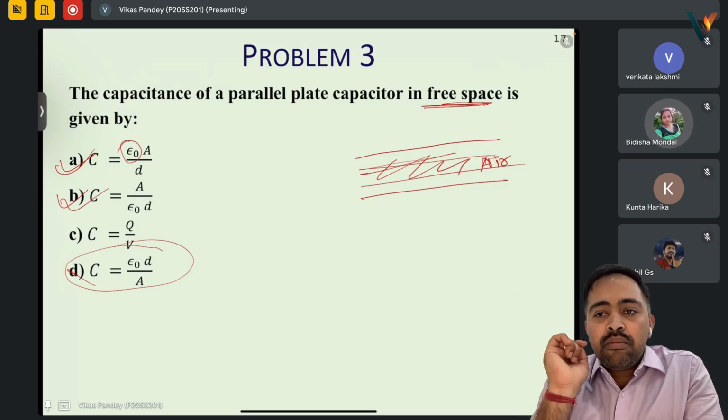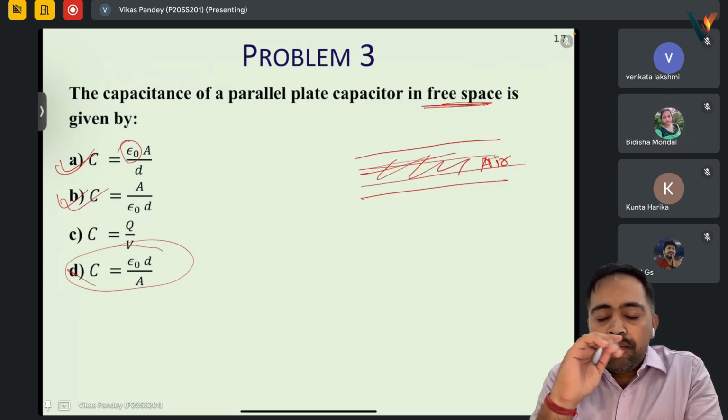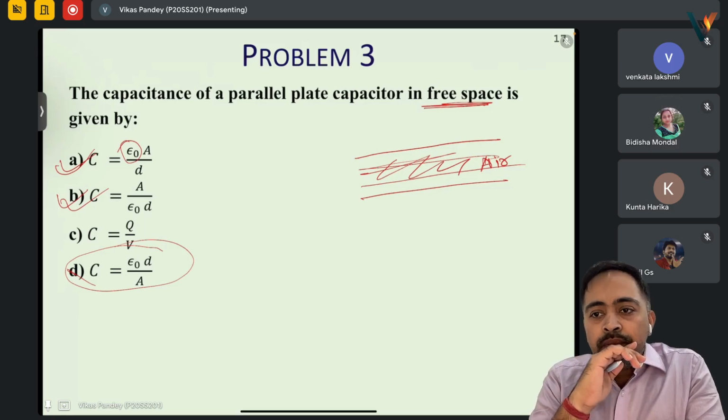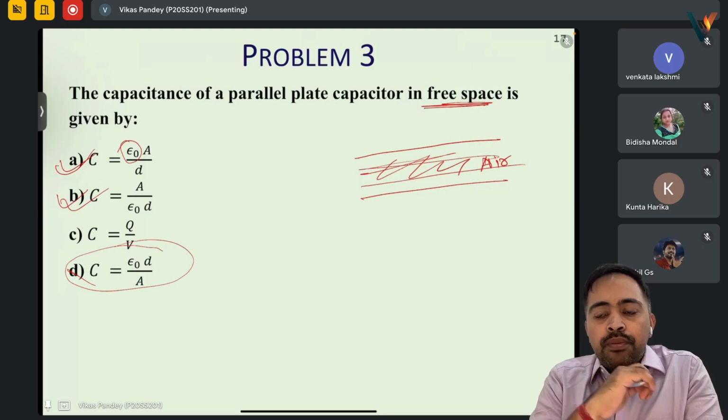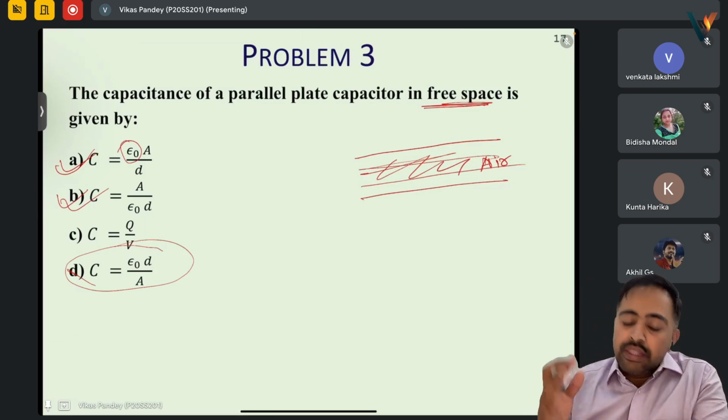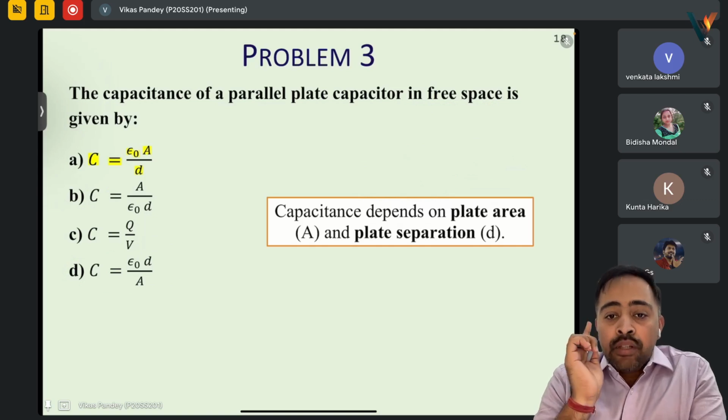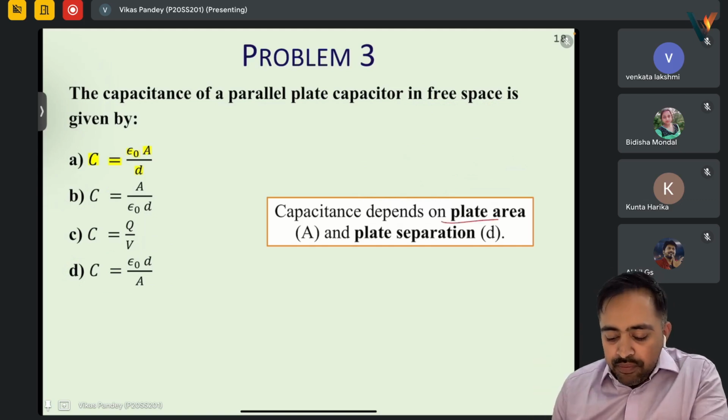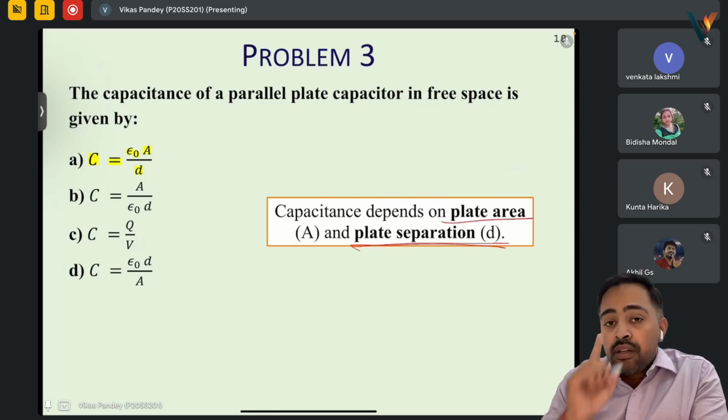Yes, you were adding something, Bidisha. Anyway, capacitance will depend on plate area and plate separation.